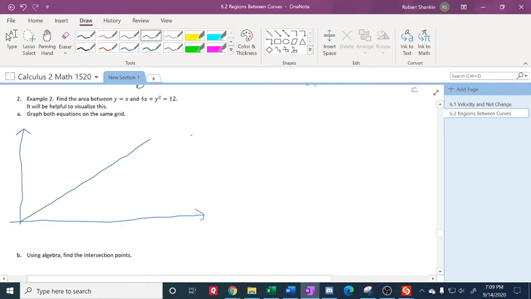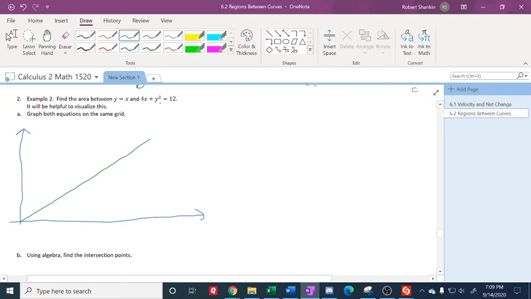Graphing this one is a bit tricky. It would be much easier if it was y and x squared. If that was the case, it's a familiar parabola, you know how to graph those.